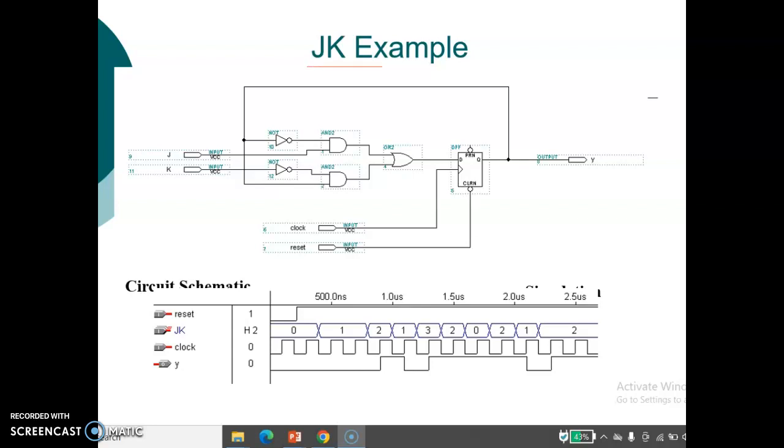We have already seen this one also, the JK example. NOT gate, JK input, AND gate, OR gate, here D flip-flop, output vector Y, clock, reset.